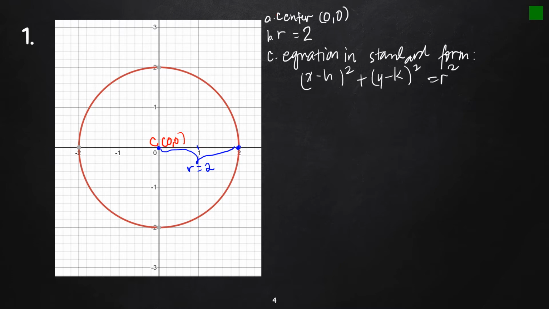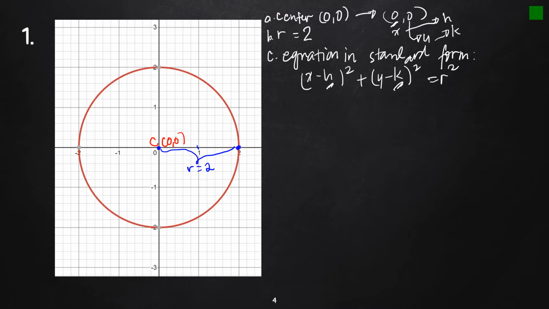So where do we find the h and where do we find the k? Given the center is at 0, 0, the first 0, which is the x coordinate of the center, is the value of our h. And the second coordinate, which is the y coordinate of our center, is our k.